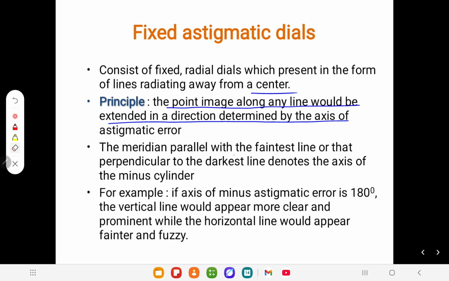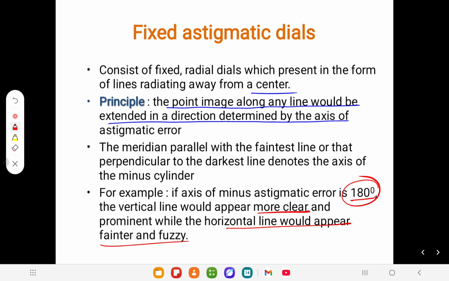So for example, if the axis of the minus astigmatism error is 180 degrees, suppose the vertical line would appear clearer and more prominent while the horizontal line would appear fainter and fuzzy. This is a very good example actually.